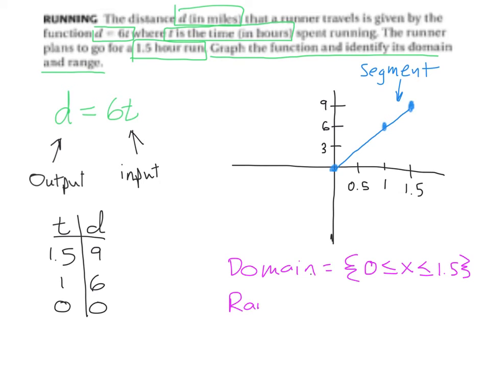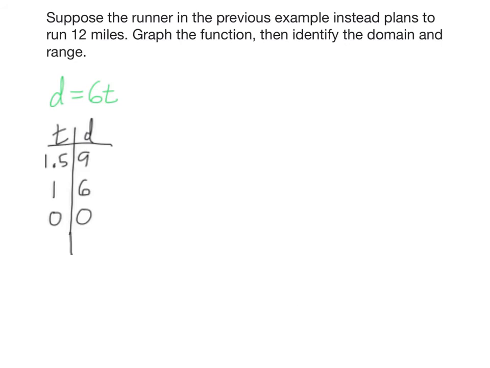For the range, for the distance he ran, all of his y values, all of his output values are between 0 and 9. During this run, he covers all of the distances between 0 miles and 9 miles. So there are our domain and range.